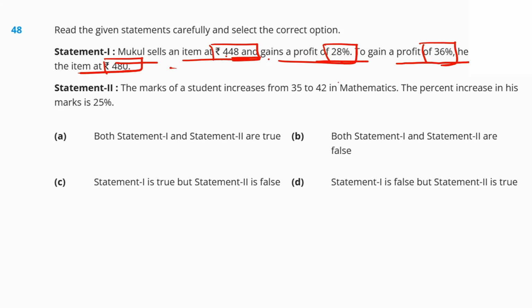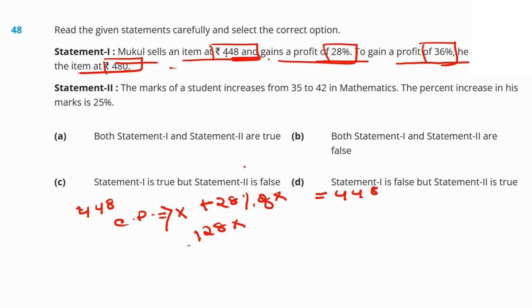Gaining 28% profit. That means, let's say the selling price is 448. 28% is the profit. So let's consider the cost price to be X. 28% profit on X means X plus 28% of X equals 448, or 128 X by 100 equals 448.